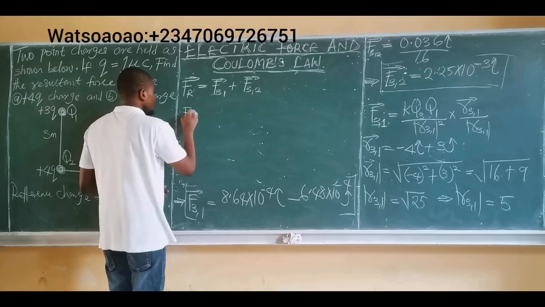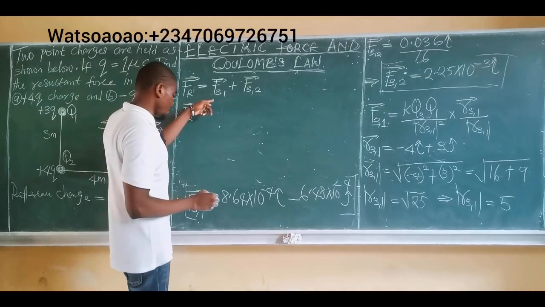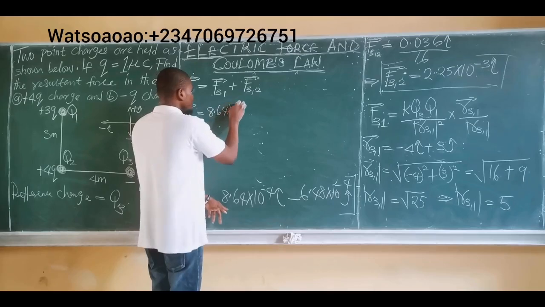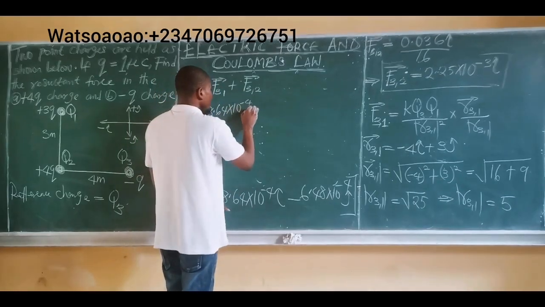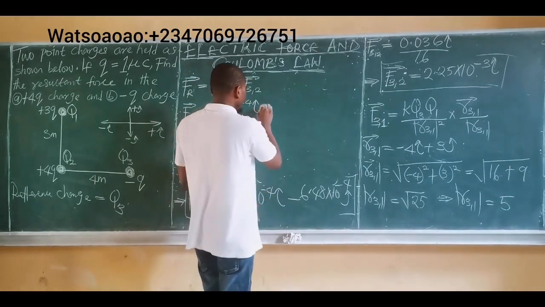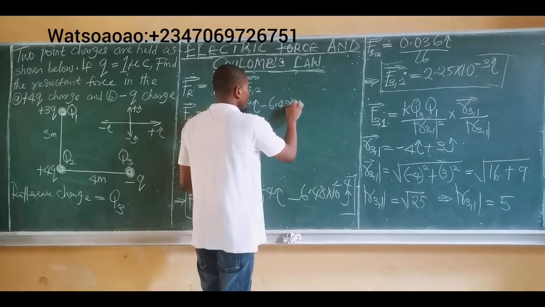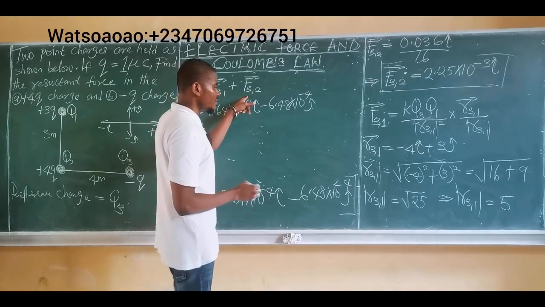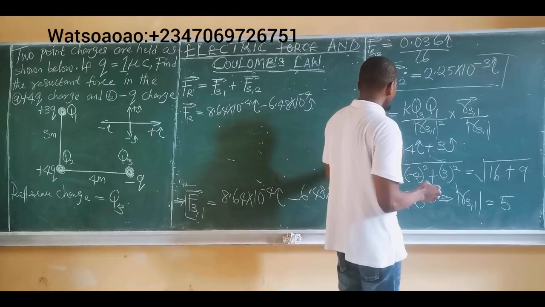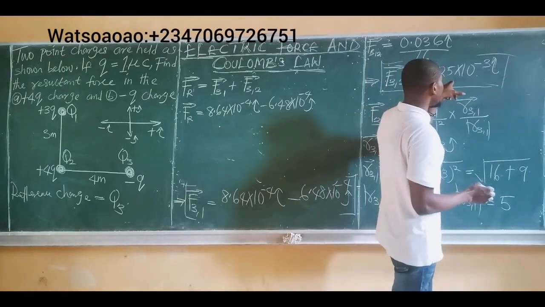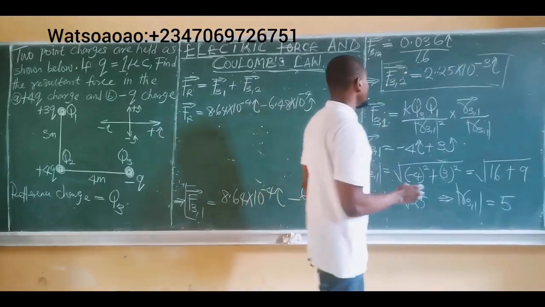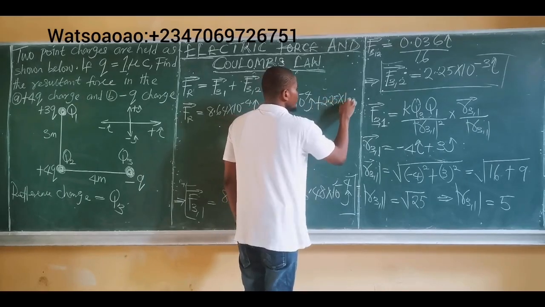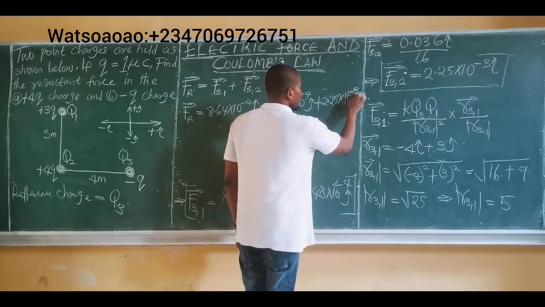F3 relative to 1 gave us 8.64 by 10 to the power of negative 4 in the I direction minus 6.48 by 10 to the power of negative 4 in the j direction, whereas the force of charge 3 relative to 2 gave us 2.25 by 10 to the power of negative 3 in the I direction. So we have plus 2.25 by 10 to the power of negative 3 in the I direction.